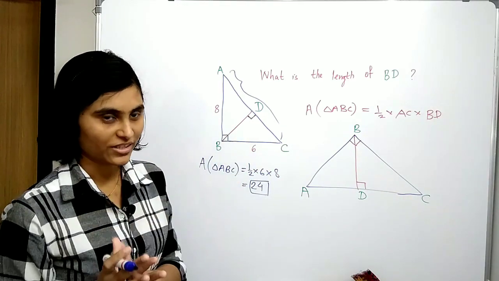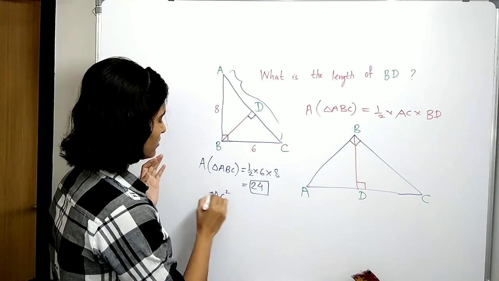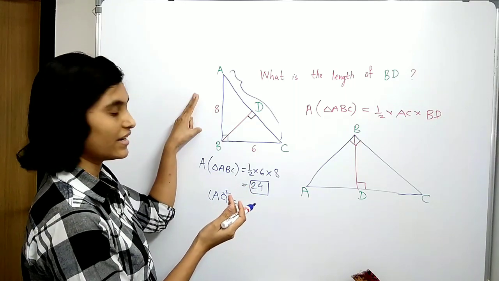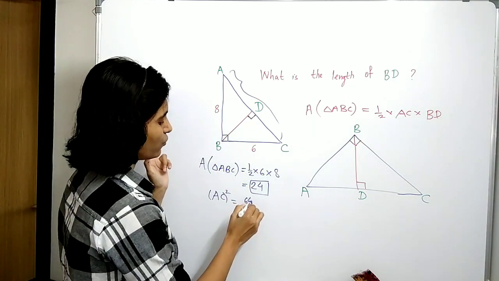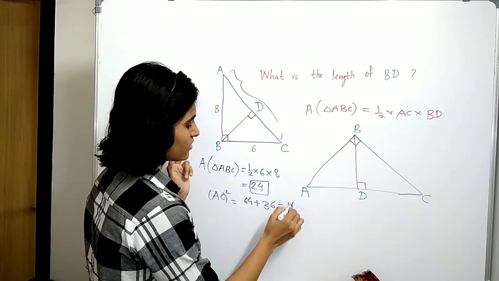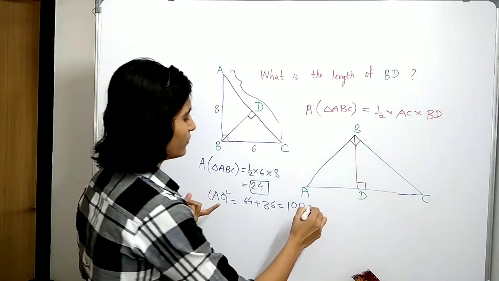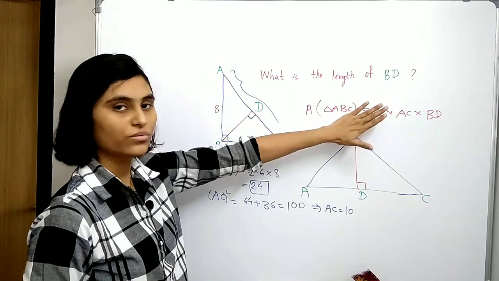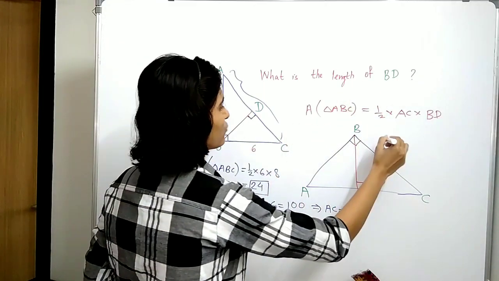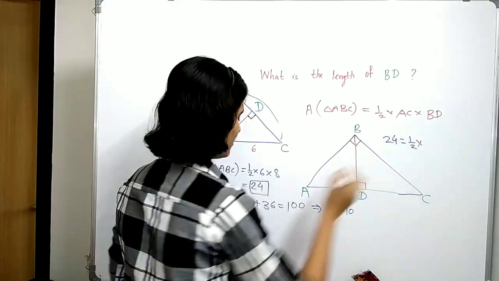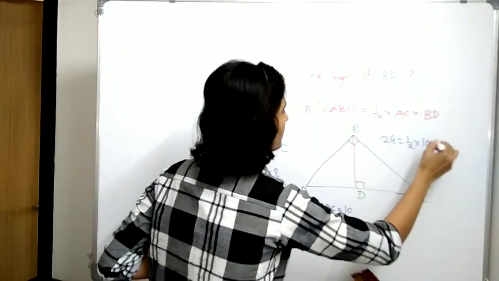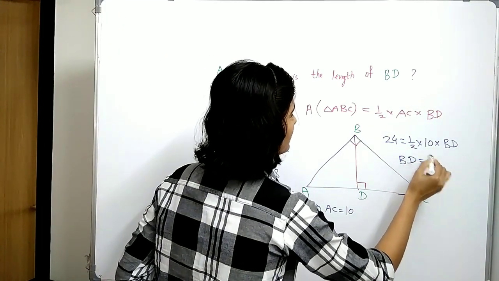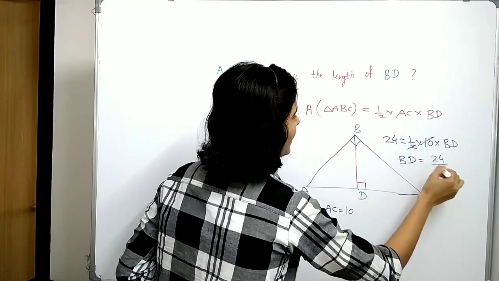So by using Pythagoras theorem, we have AC square is same as AB square plus BC square, which is same as 8 square plus 6 square, which is 64 plus 36, that is 100. Now take the square root. We have AC is equal to 10, right? Now just put this value over here. We get this as 24 is equal to half times AC is 10 times this BD, right? So simplify this. We get BD is equal to 24 by 5.